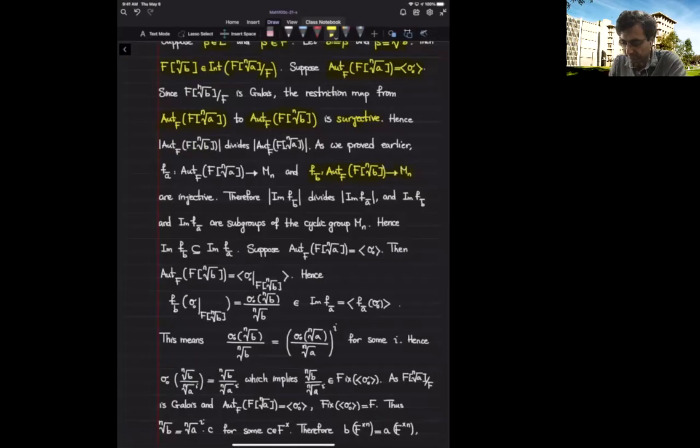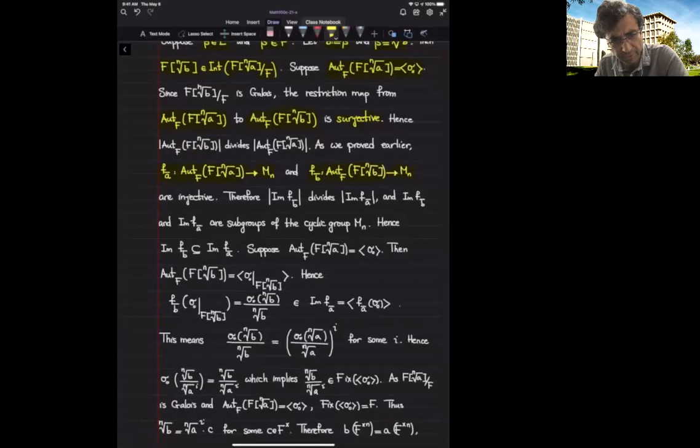And I can do the same for the original one. We have discussed that these group homomorphisms are injective.